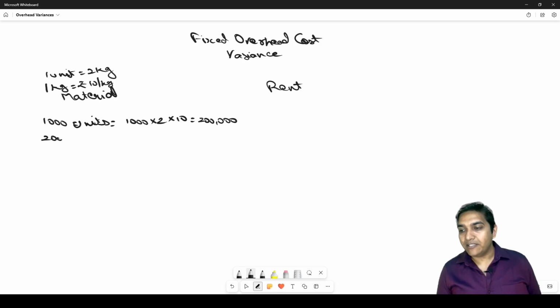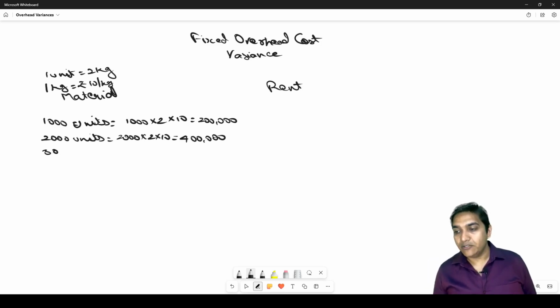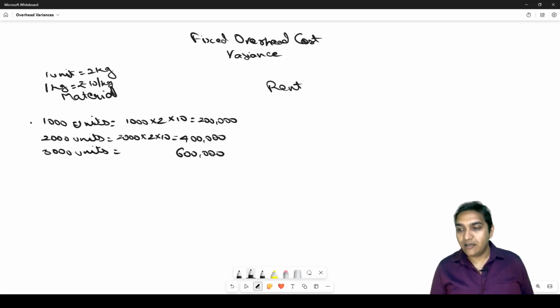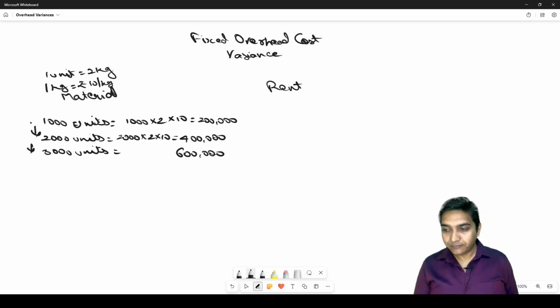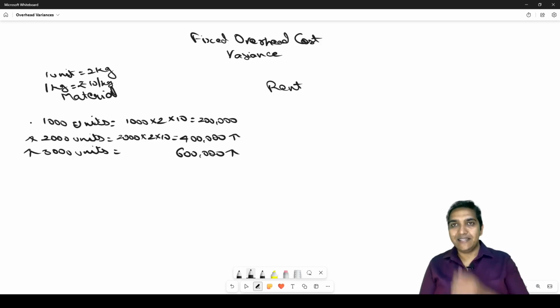Similarly, if I am manufacturing 2000 units, my cost will be 2000 into 2 into 10, which comes to 4 lakhs. And if I am manufacturing 3000 units, then my cost will come to 6 lakhs. Right? So if you see, with every increase in my production, my variable cost is also increasing.